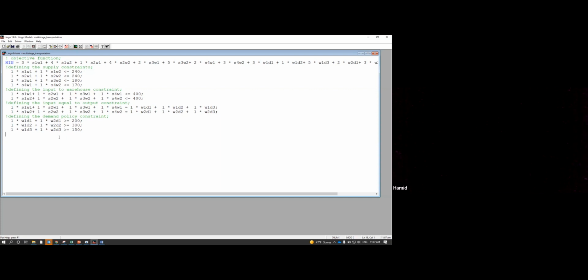You also can keep adding constraints. If in your final exam I don't give any extra constraint, you don't have to. But maybe for oranges, you want to put in what if they are integer values? So you can put @GIN and parentheses, and you put the decision variable, if you want to force them to be integer.